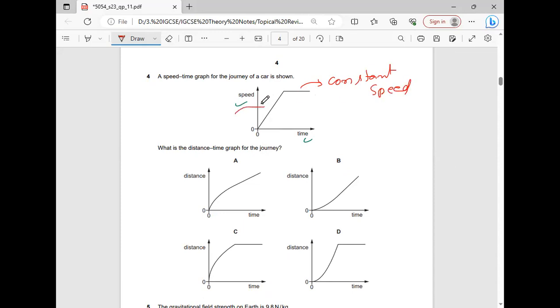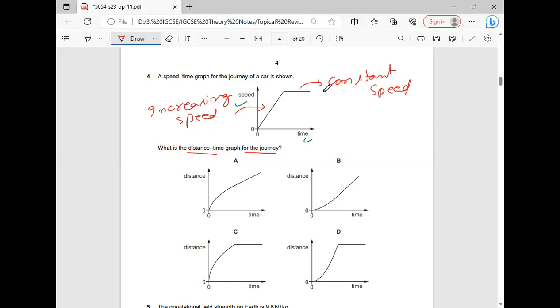And this part shows that the body is moving with increasing speed. Now, what is the distance-time graph for the journey? So we have to convert the speed-time graph to its equivalent distance-time graph.